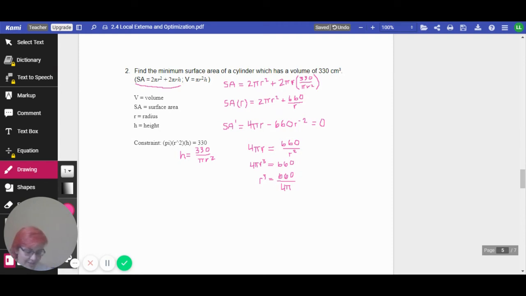So I'm going to take the cube root of 660 divided by 4 pi. And to 3 sig figs, my r is going to equal 3.74.